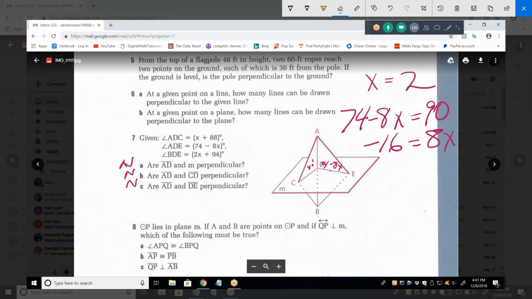In other words, if we don't know that AB is a straight line, then it could be a curved line like this, could it not? It could. And if I can change the positioning of that shape below the plane to whatever I want, then I don't know how we can say AD.